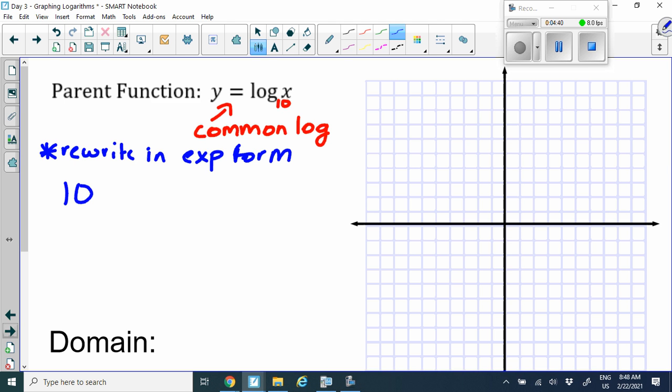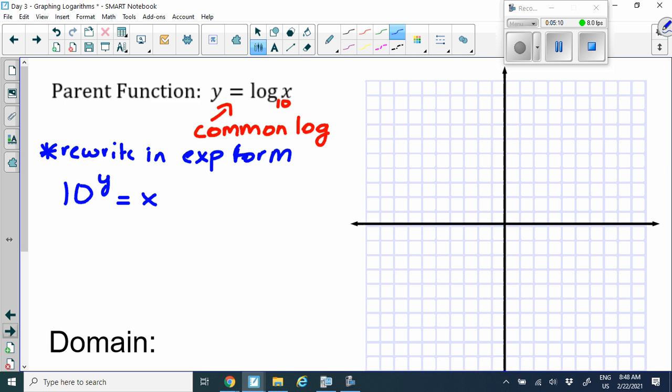In this case our exponent part is the y, and then equal to x. Ooh, this looks different, right? Because usually our exponent is x. Well, the reason we have a y instead of an x is so that it graphs the logarithm function and not an exponential function, okay? So just be careful when you are rewriting, especially with the x's and y's.